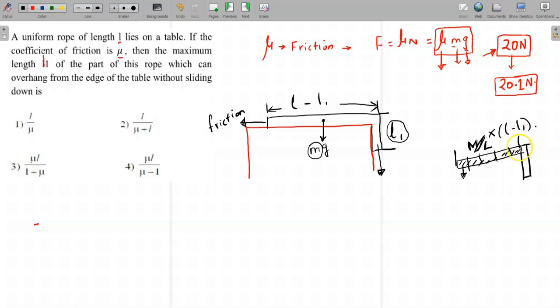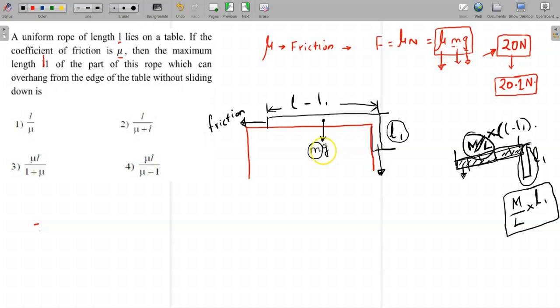So that is the mass of the resting rope. And the mass of the hanging rope is total mass per total length multiplied by the hanging length L1.